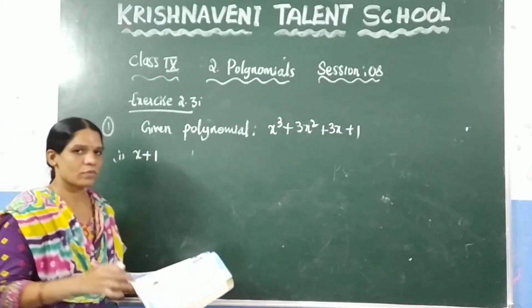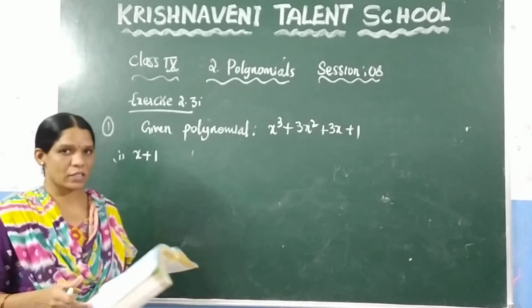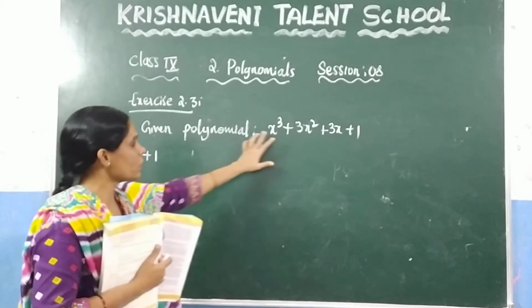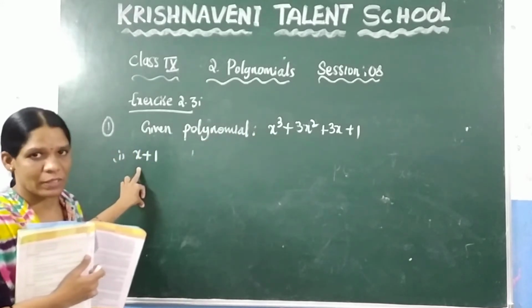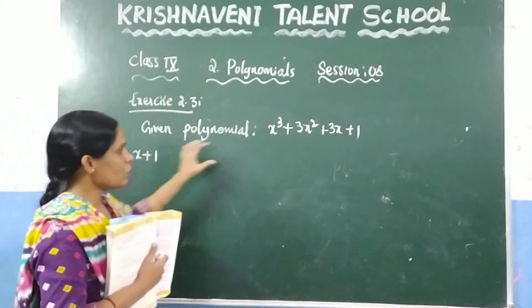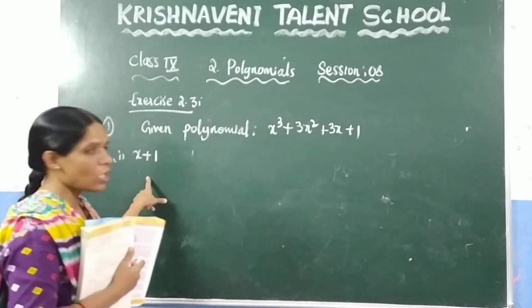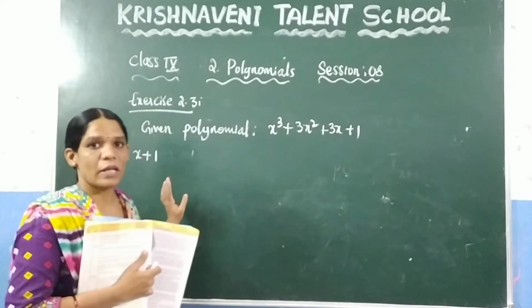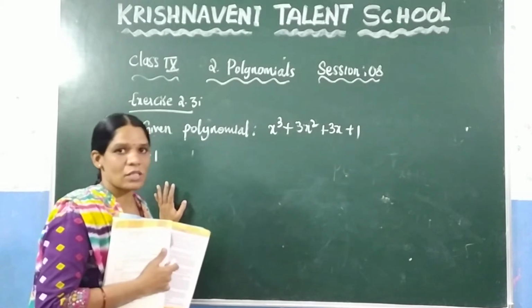Here so many polynomials are given. They said that if you are dividing this polynomial with this polynomial, what will be the remainder? You need to find it by using the remainder theorem without doing the actual division.